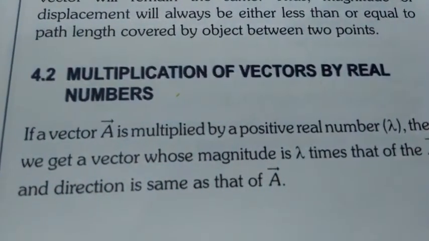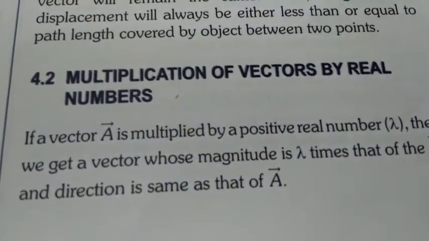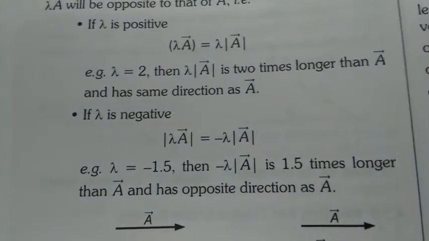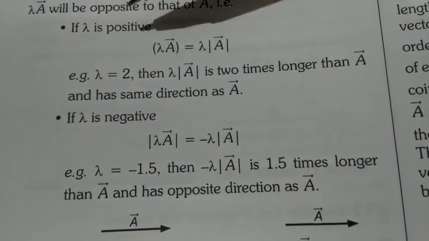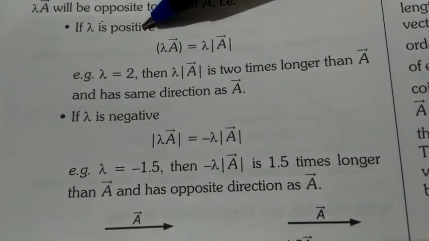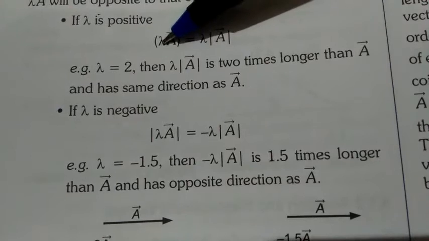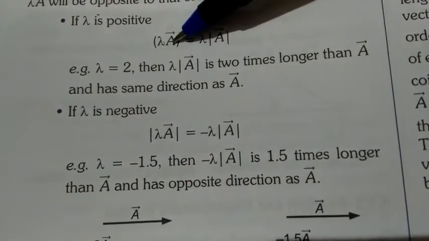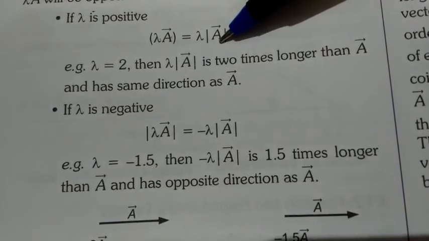The next topic is multiplication of vectors by real numbers. Suppose lambda is a number. Two cases arise when we multiply it by a vector. If lambda is positive, and a positive number lambda is multiplied by a vector, this vector becomes lambda times.